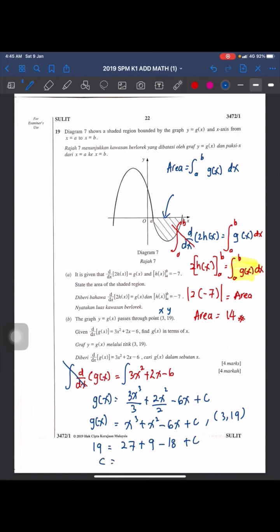So c equals 1. So for the final answer, we substitute c back into g(x). Our final answer will be g(x) equals x cubed plus x squared minus 6x plus 1. Okay, so this is our final answer.